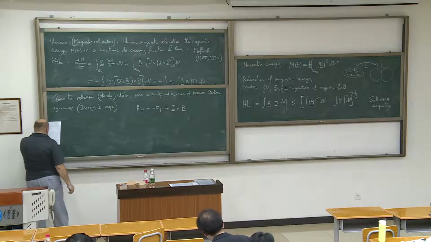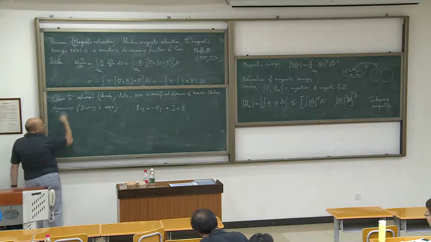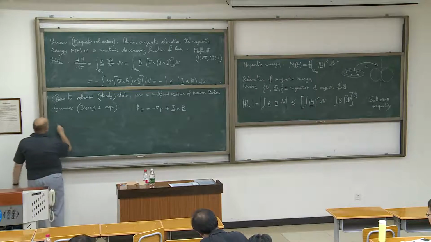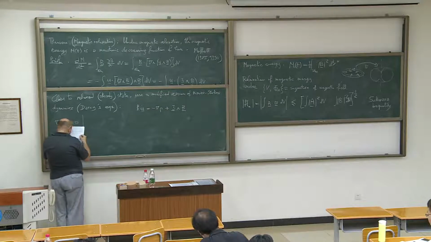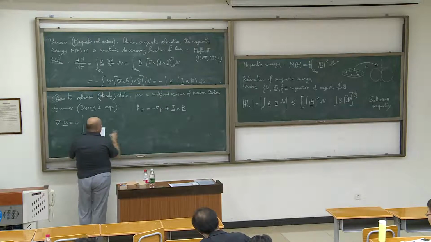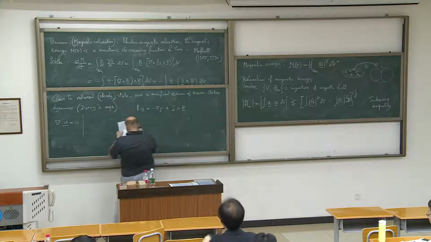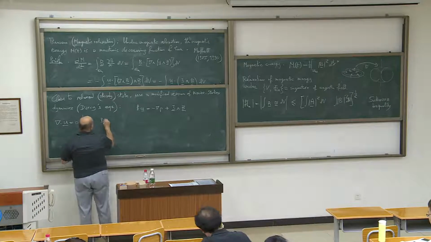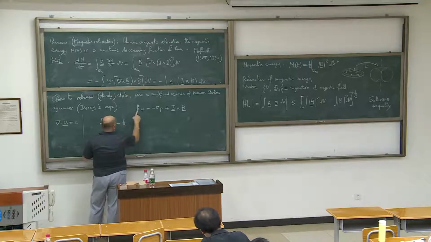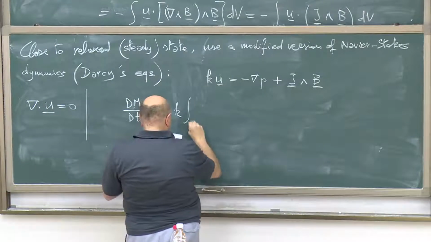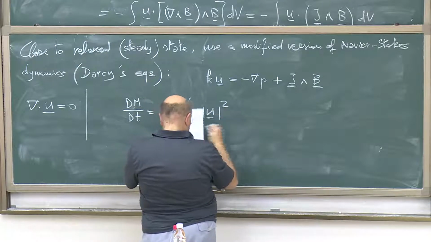No problem. So indeed, I need the condition somewhere before, I should have said, because you asked: div u equals 0. You know this. So we use this there. And we have dM/dt equal to minus this k times the integral over the volume of the magnetic field, and then we are left with a u squared in dV.